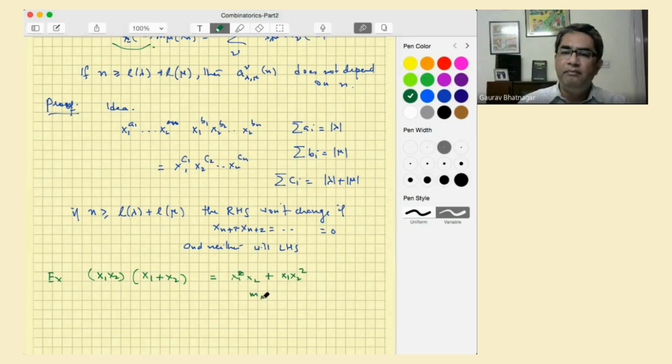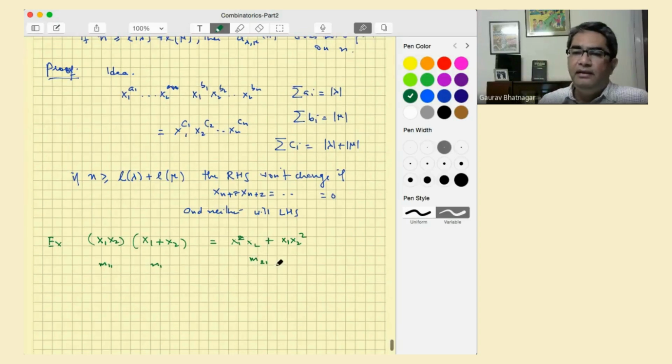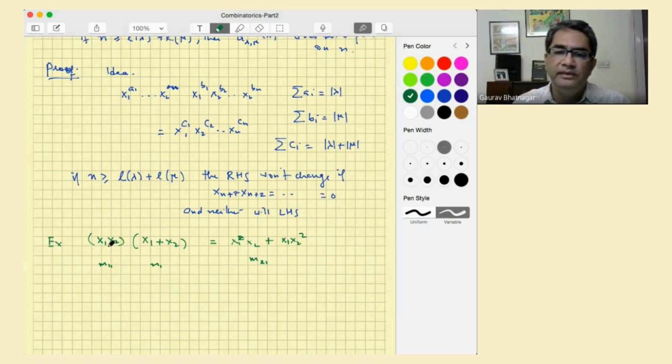So this is m21, right? And here it is m11, and this is m1. The issue is that if I have more than n equal to 3 variables, then it shouldn't matter. So this is no problem.